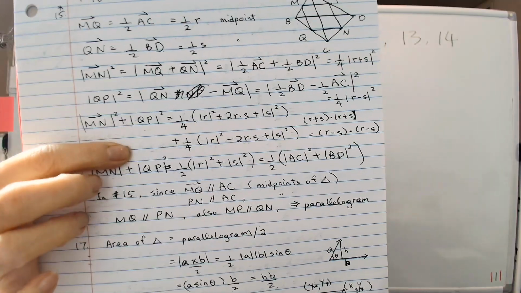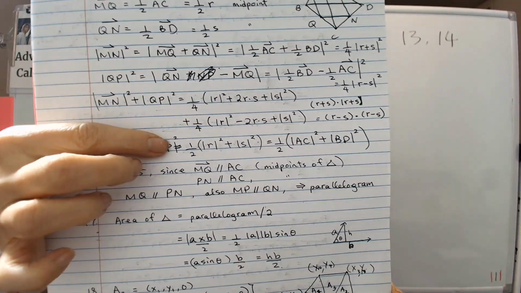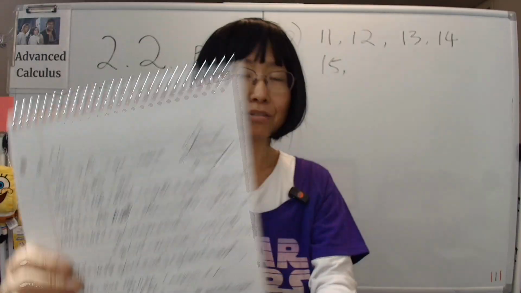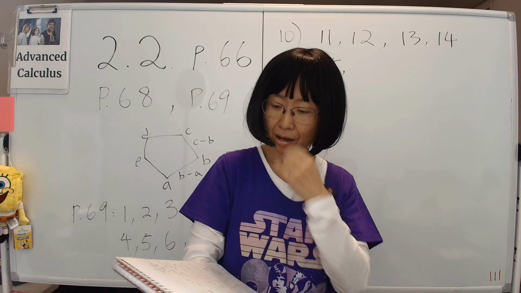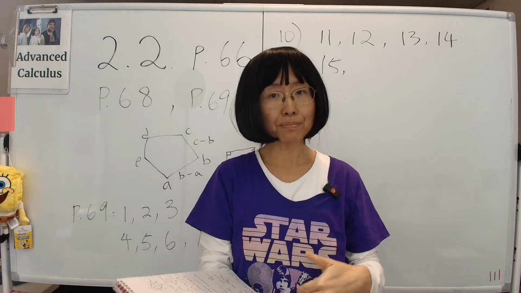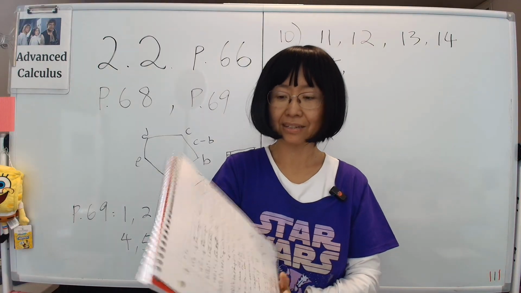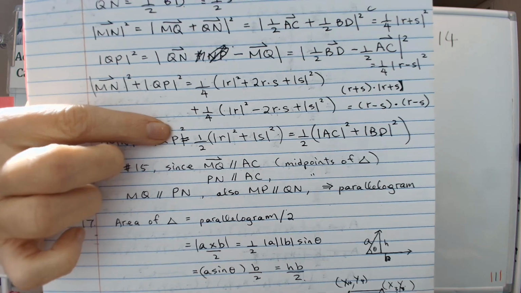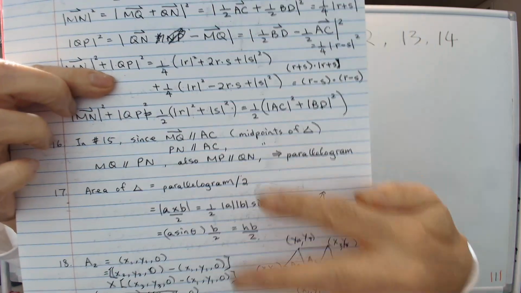Then, by the time we do the vector algebra, what are the magnitudes squared? That's the dot product. We'll take R plus S dot R plus S, and the second one, R minus S dot R minus S. I have it written down here.